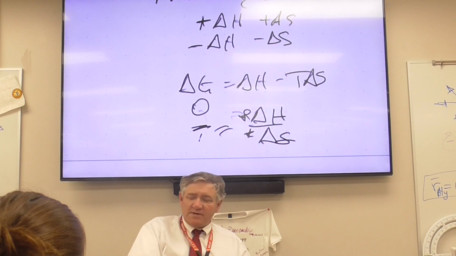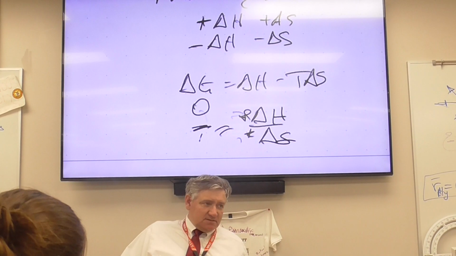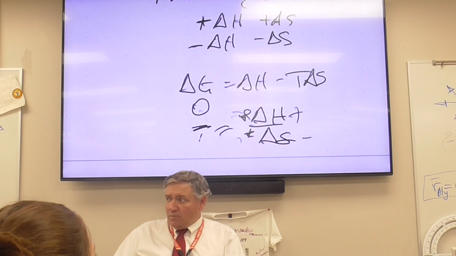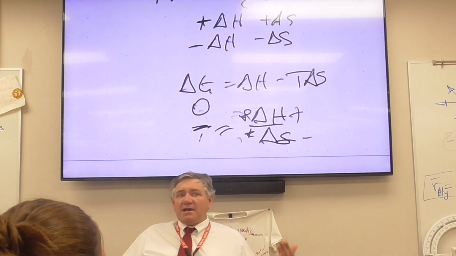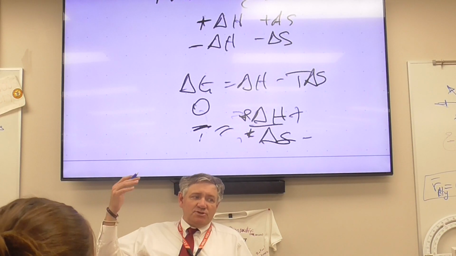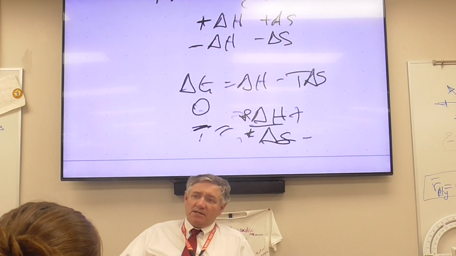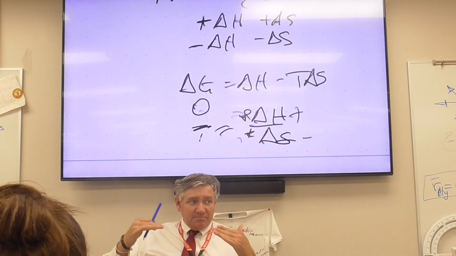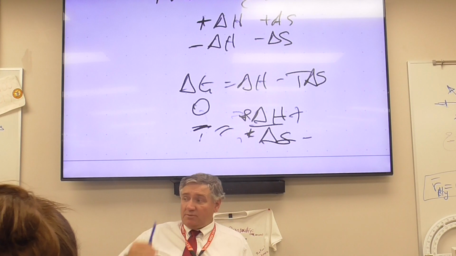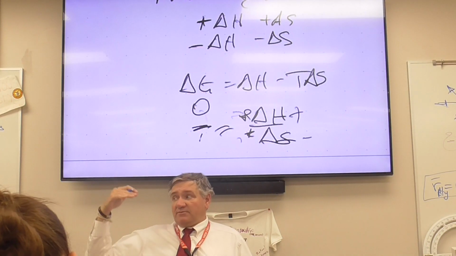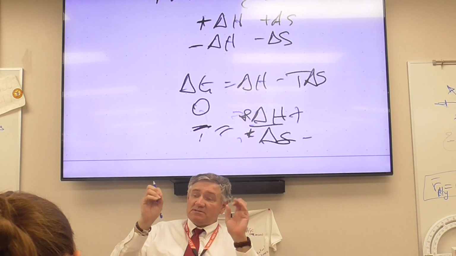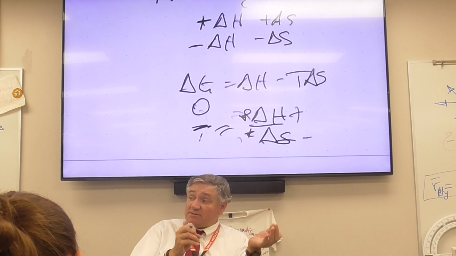Or if they're both negative, you can produce a positive temperature in Kelvin. But if you have one that's positive and one that's negative, mathematically it won't work, because you can't produce a negative Kelvin. So this is why, being temperature dependent, where you reach a point of equilibrium, they're either both positive or they're both negative. It's the only way it works mathematically. And that's the only way you can let delta H or delta G equal 0.